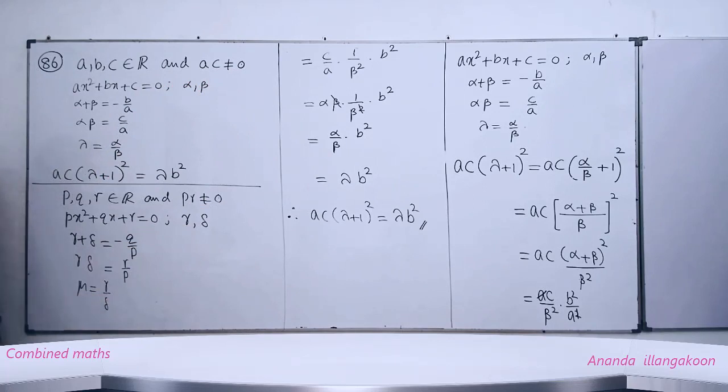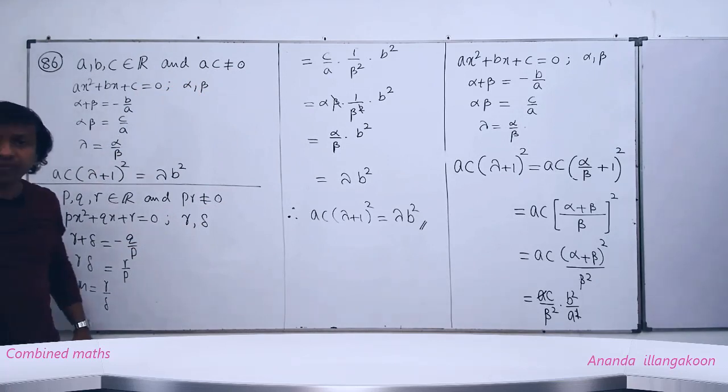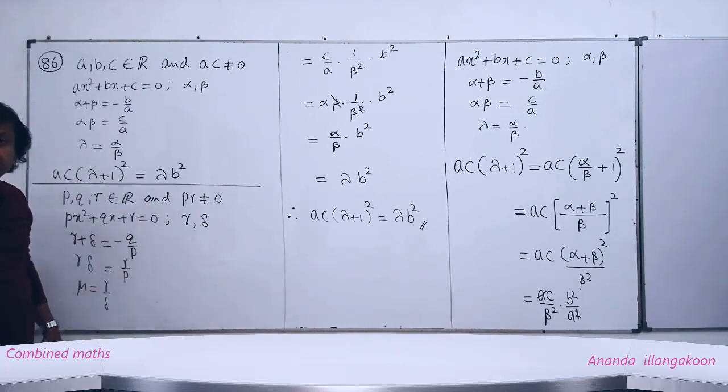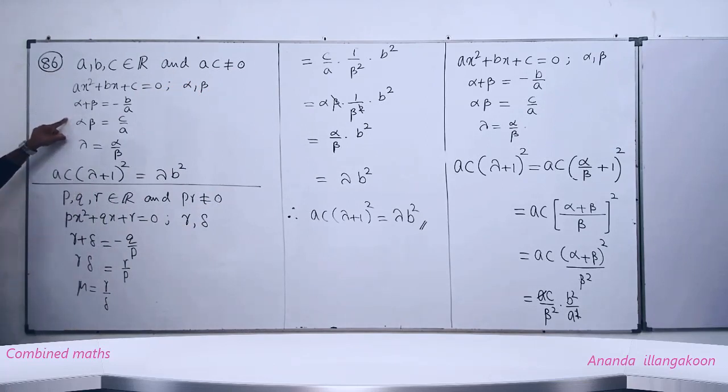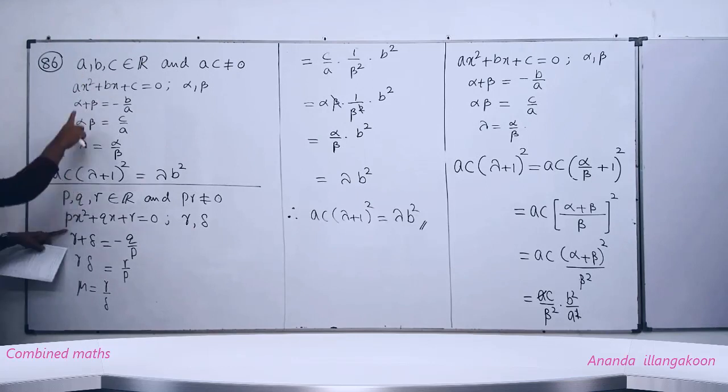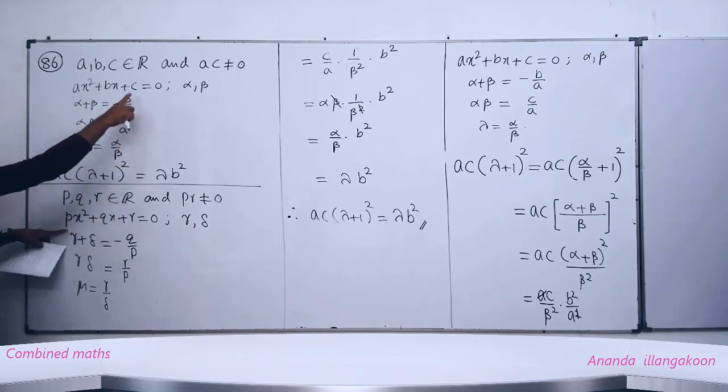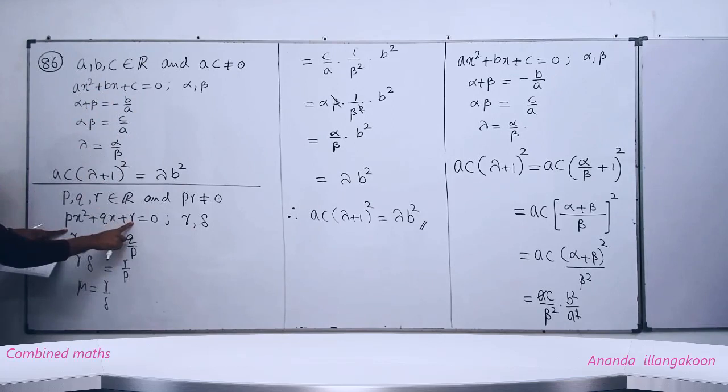Can you see? You can see a very close relationship between this set of data and this set of data. You can very easily convert this set of data to this set of data. How? If I put p for a, then this will be px squared. For b, if we put q, this is qx. For c, if we put simply r, this is coming.